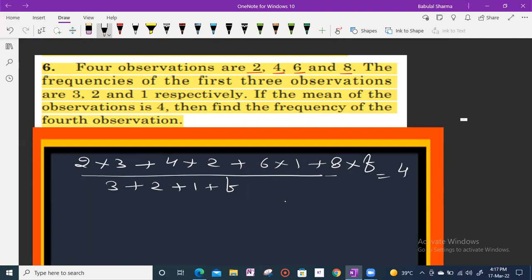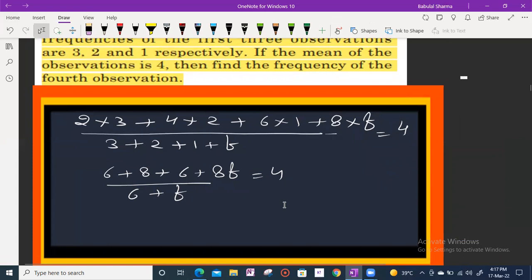The formula for the mean of the given observations is sum of all observations upon number of observations. So 2 3s are 6 plus 8 plus 6 plus 8f upon 6 plus f, that is 4.